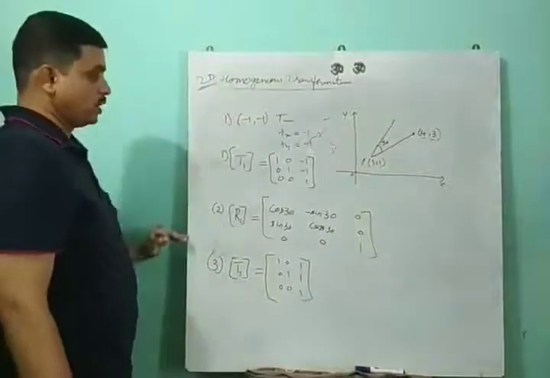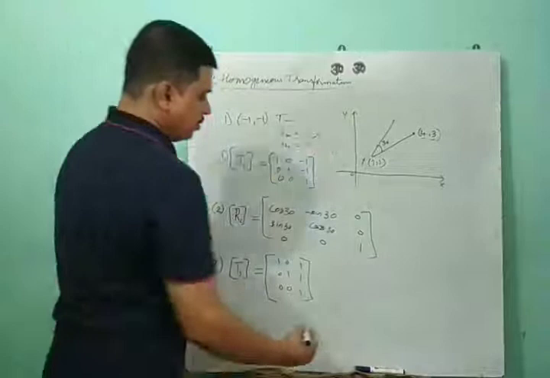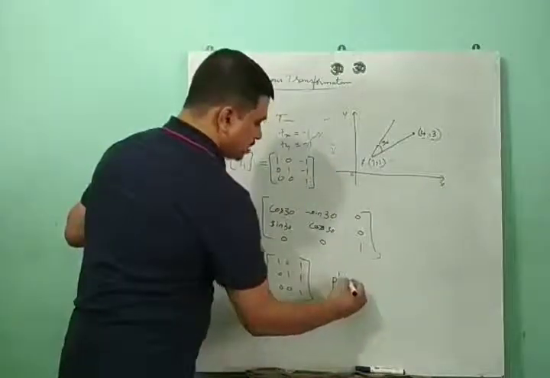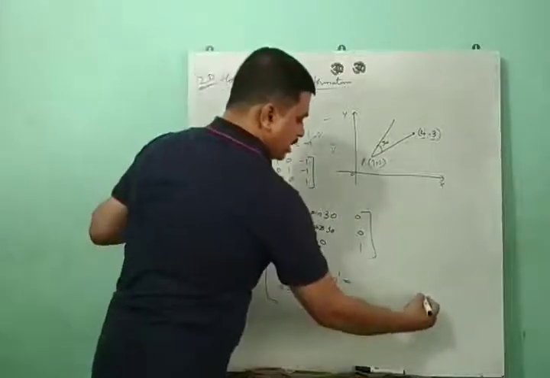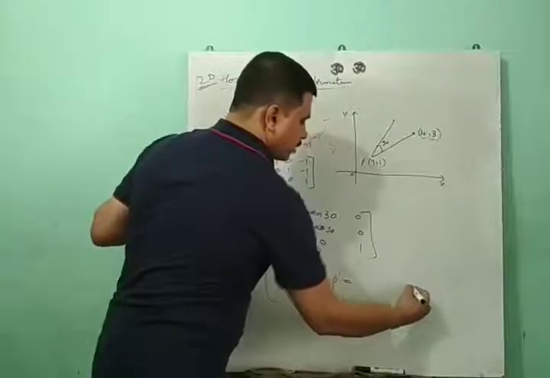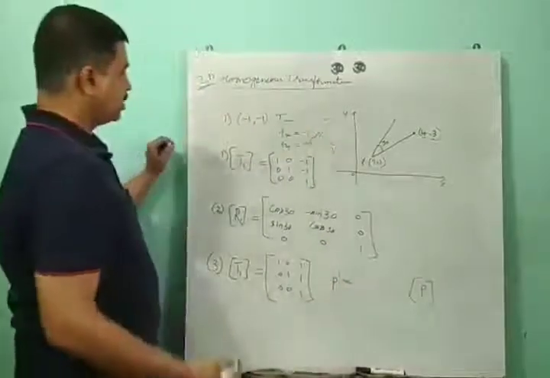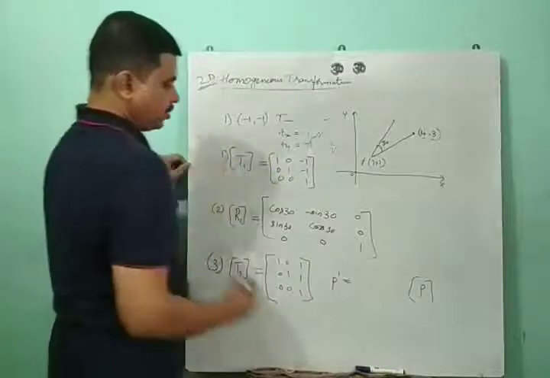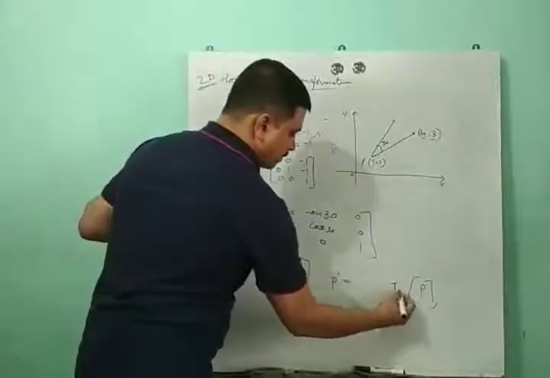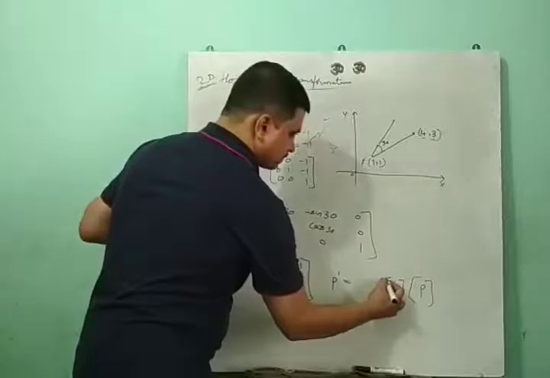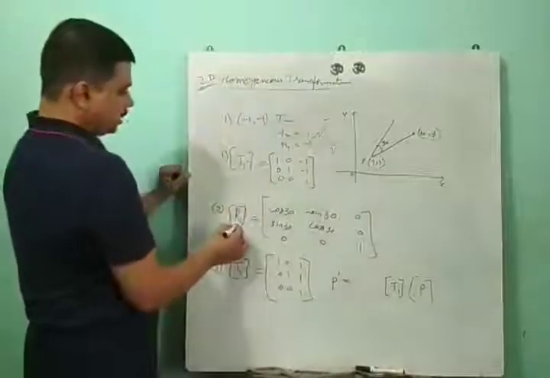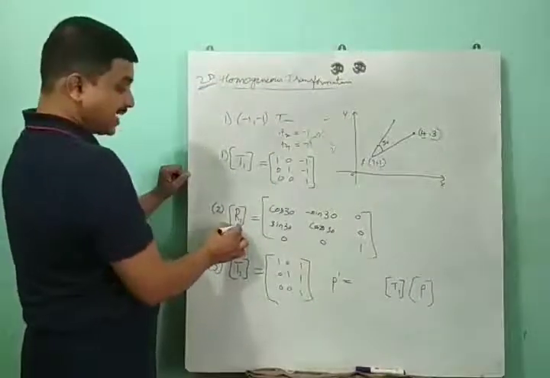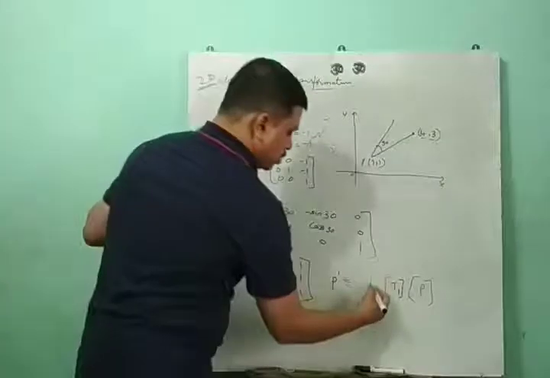Now the final answer for this problem is P dash equal to the initial point. What is the first operation? Translation by (-1, -1). That is the T1 operation. Then the rotation, that is the second operation, R2.